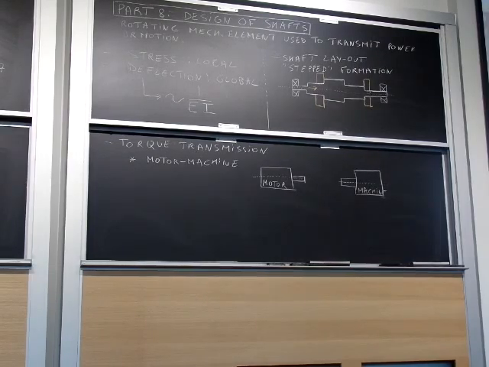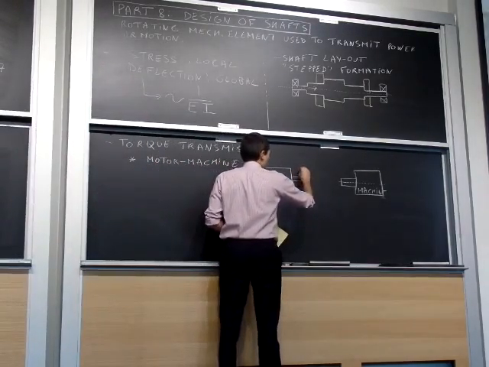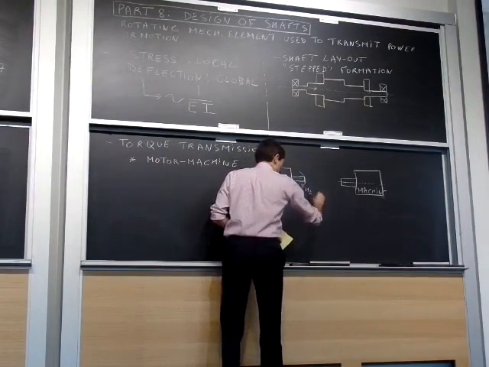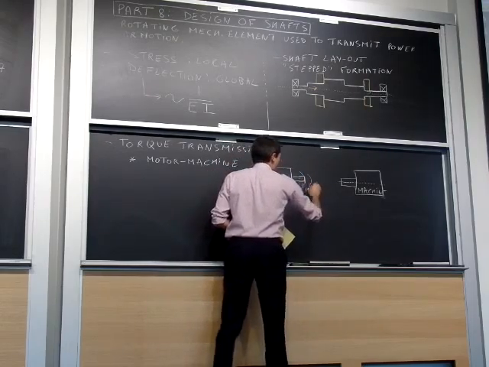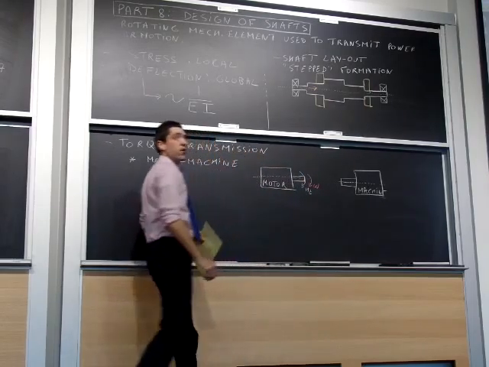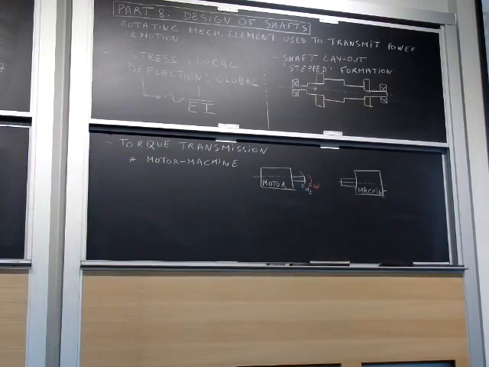In the case of a motor, your torque moment, Mt, is in the same direction as the rotation of the shaft. So Mt and omega are in the same direction, okay? Same sense. Because I'm applying a torque moment and I'm making that shaft rotate in the same direction.